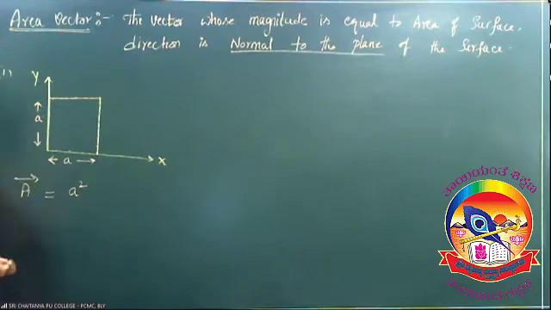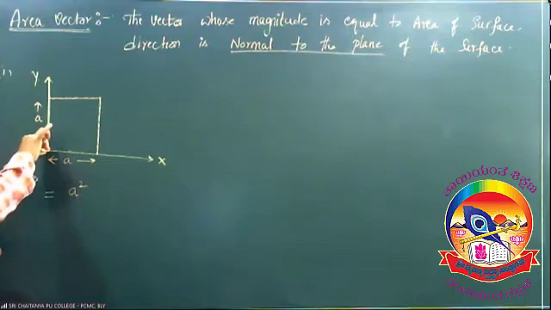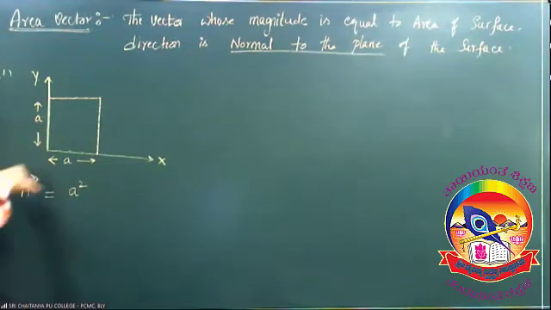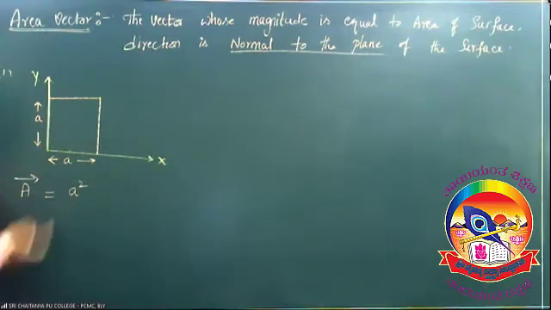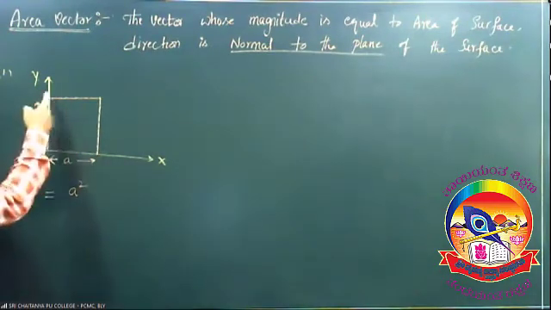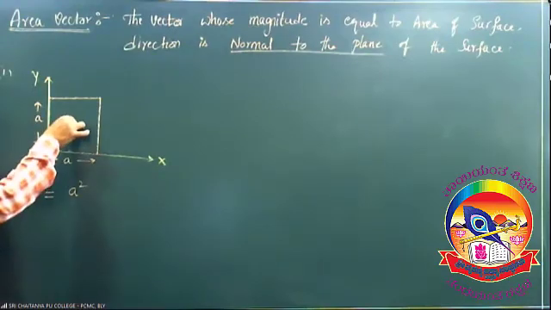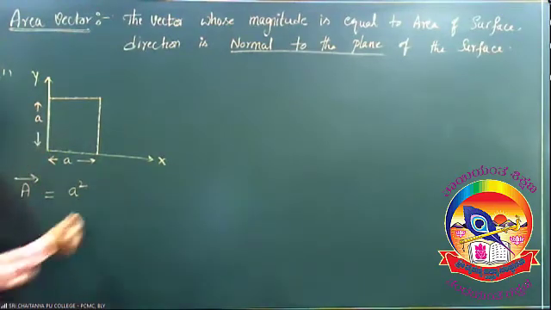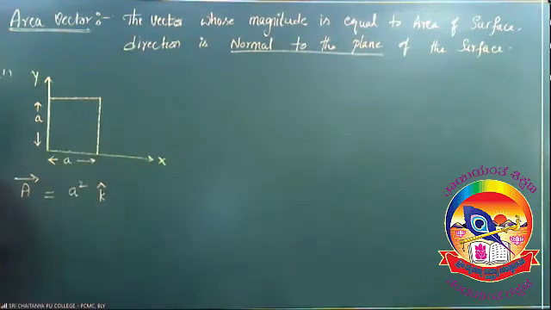Normal for the XY plane. What is the normal? Z axis is the normal, right? For this XY plane, this is the normal axis. So for this XY plane, normal is Z. So it is in what direction? It is along Z direction. So how do we represent? A square into k cap.